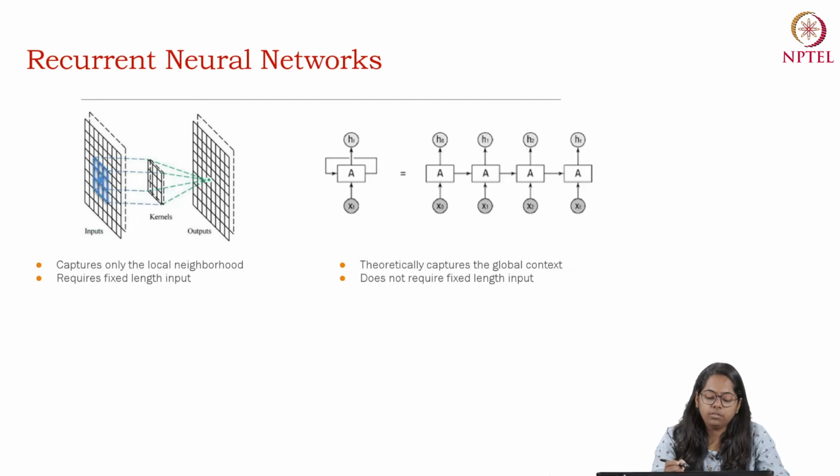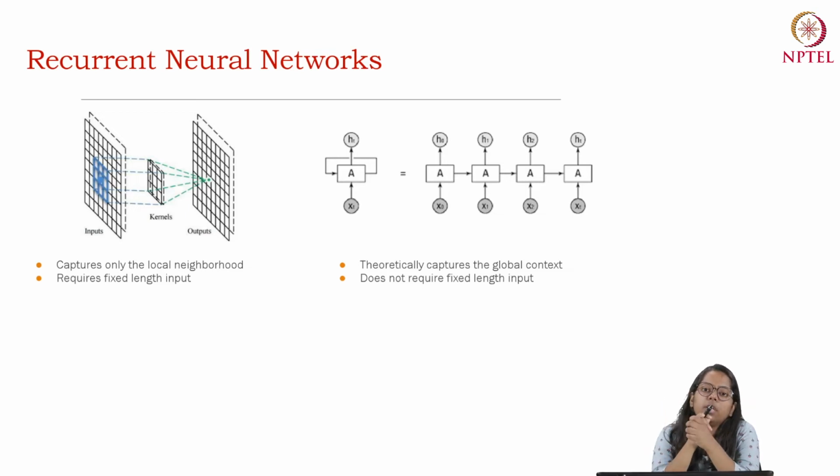Then the convolutional neural network might not prove beneficial, since it captures the local neighborhood of the input. That is, if we provide a filter of size 3 cross 3, the convolutional layer will just capture the neighborhood of dimension 3 cross 3 and not the global neighborhood of the whole input.